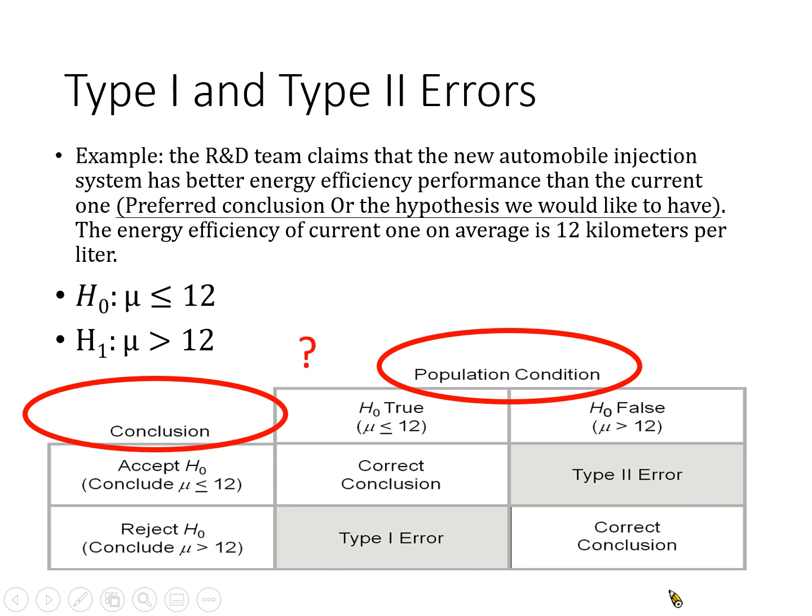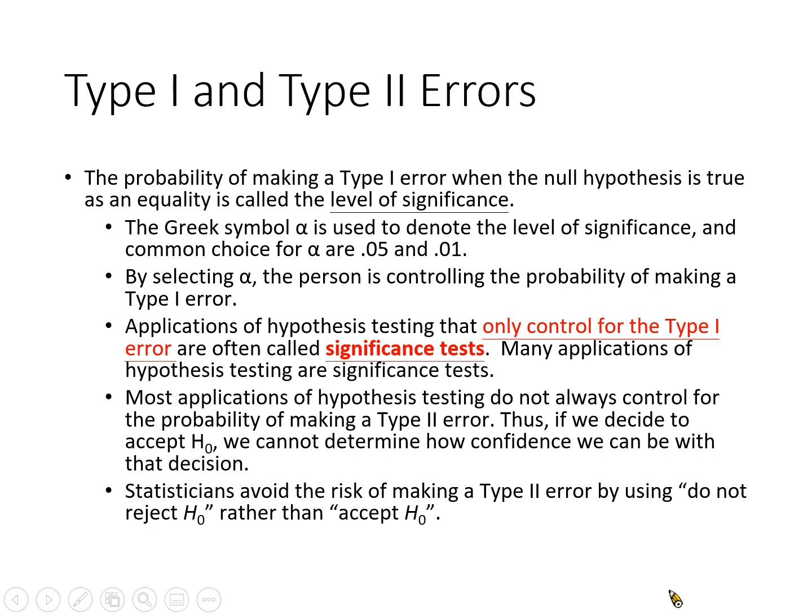But there are so many contexts or situations you need to control, so it's very difficult to use such a type of error in your hypothesis test. So statisticians and analysts prefer to use the type 1 error for the hypothesis test. So that's today's introduction to the type 1 and type 2 errors.